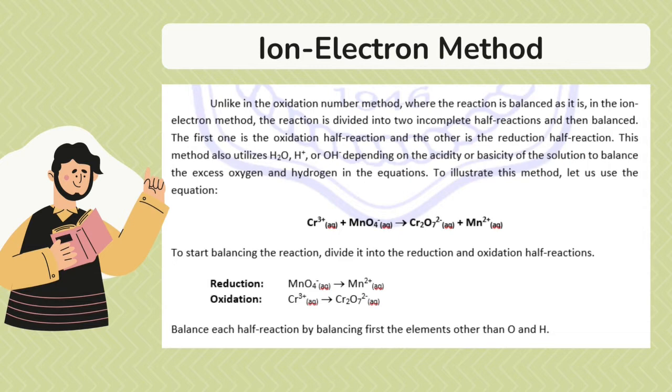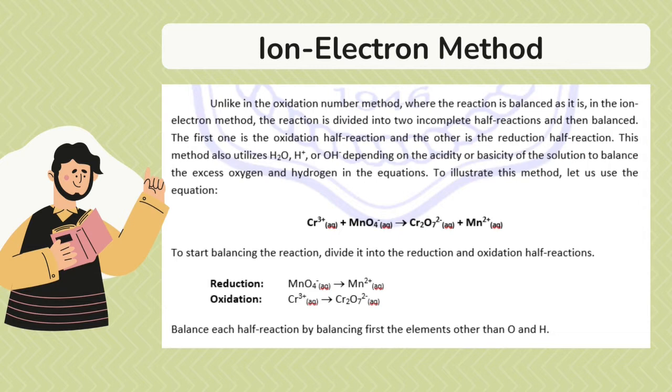Okay, so as you can see in here, MnO4- has an oxidation number that is positive 7. And next, we have here Mn2+, which has an oxidation number equal to positive 2.